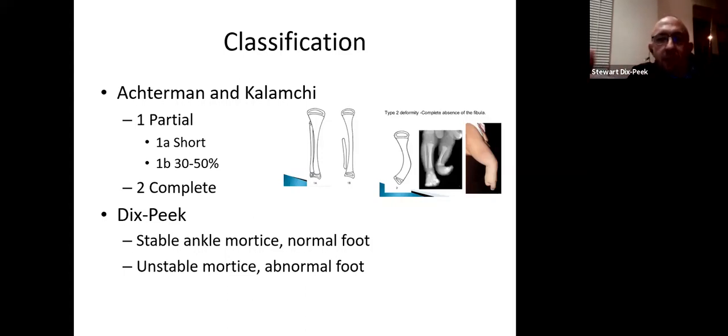By the time you have a starting point, you need to be discussing what are you going to do. And I think that so far as I'm concerned, there are going to be two biggish groups, that with a stable ankle mortise and a foot, and then the unstable mortise and an abnormal foot. And once again, if there is not a stable mortise and a normal foot, one's heading towards a Syme's amputation.